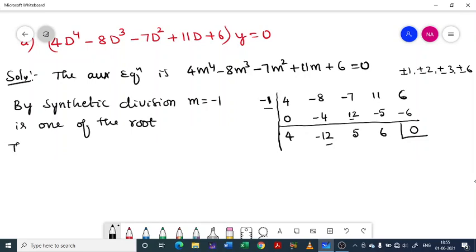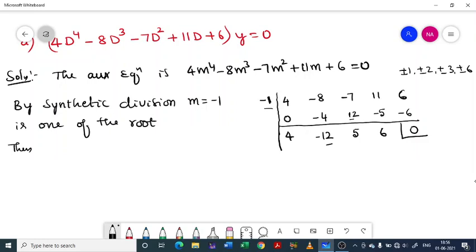Thus, actually this polynomial will now be m minus of minus 1, so m plus 1 into, this will be the coefficient of m cube, this will be the coefficient of m square, this will be the coefficient of m, this will be the constant term. If you want, you can write the equation from this. Then again you have to solve that equation. Or you can continue this synthetic division.